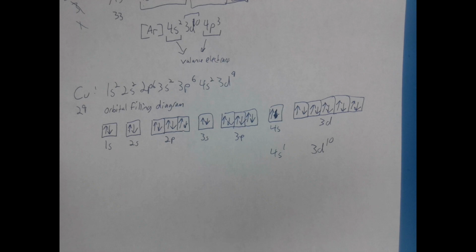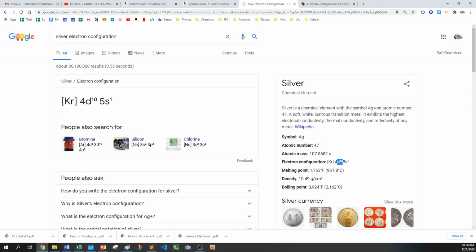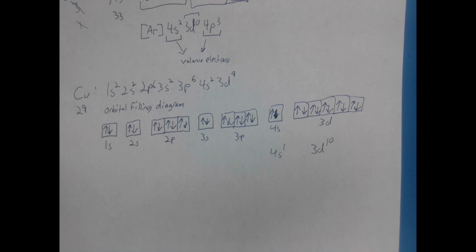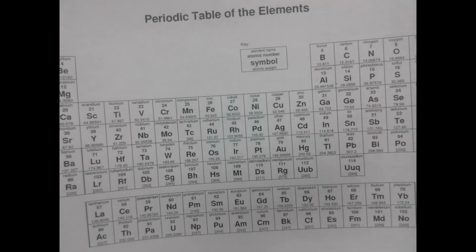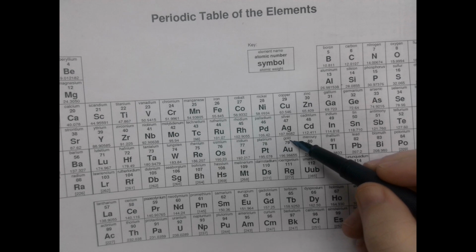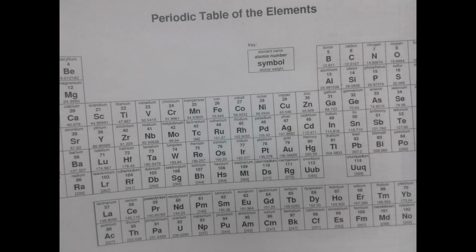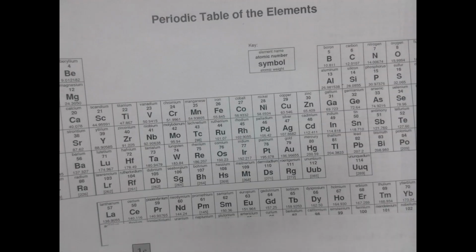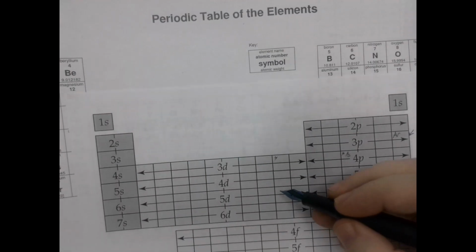I wanted to go over one more example. So let's look at gold. Gold is right here. So looking back at here, gold is right here.